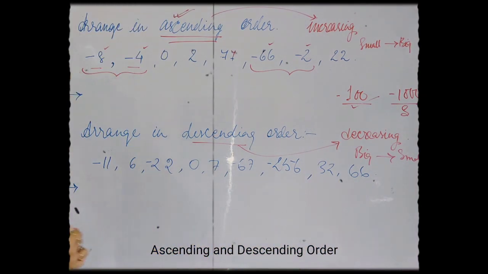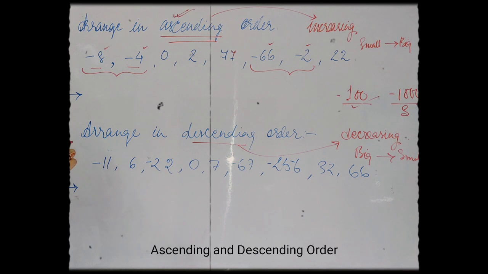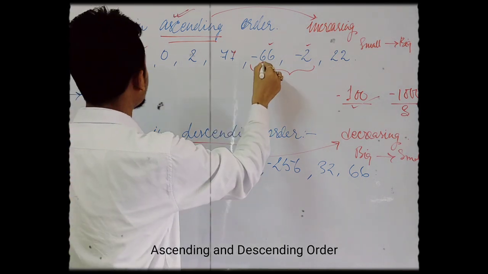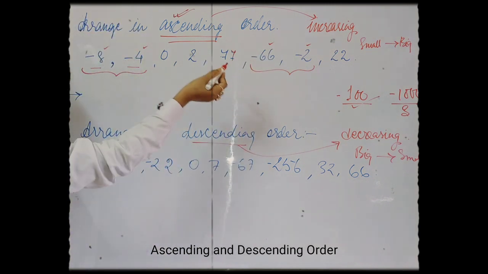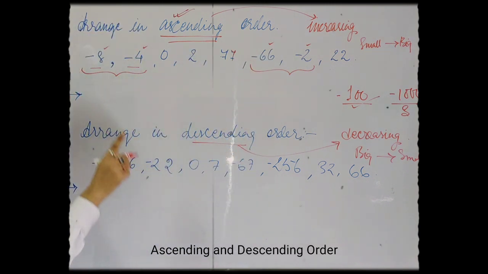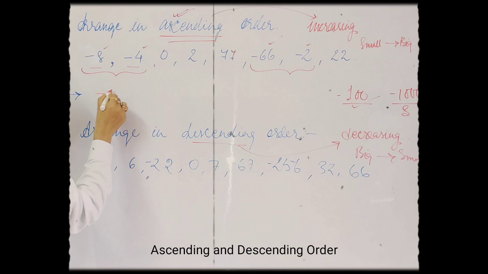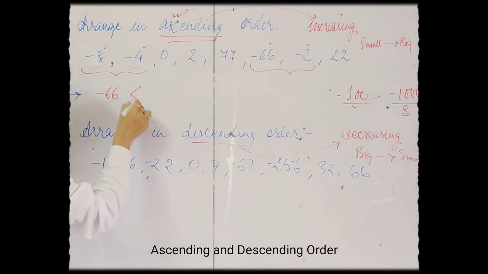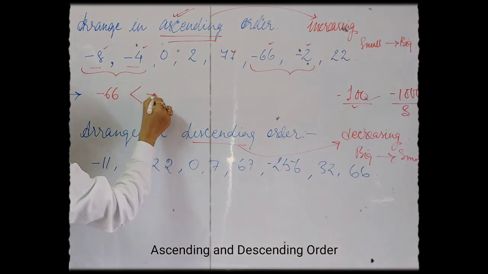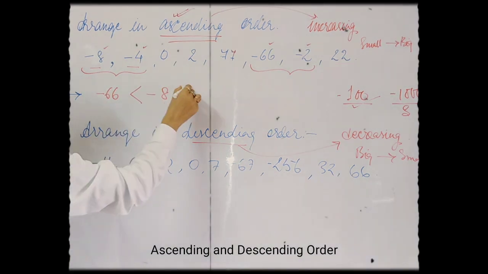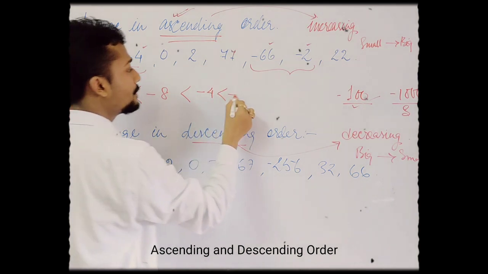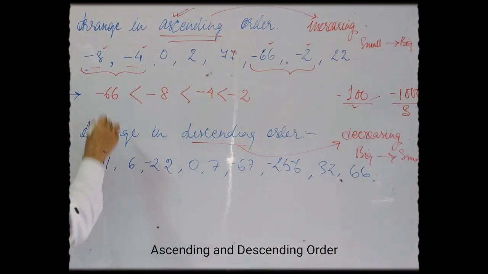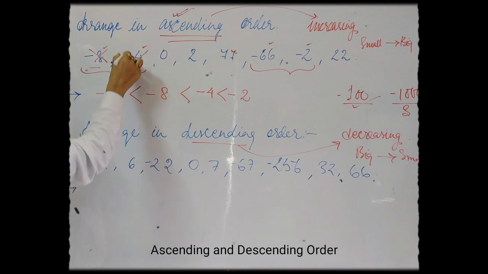Is that clear? That means which number am I going to put first? The smallest among the negative. Among minus 8, minus 4, minus 66 and minus 2, minus 66 is the number I am going to put first. Minus 66 is smaller than minus 8. Then minus 8 is smaller than minus 4, which is smaller than minus 2. Done. That means I have completed the negative integers.